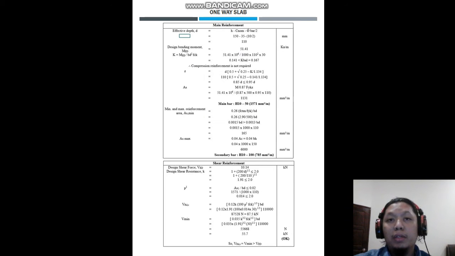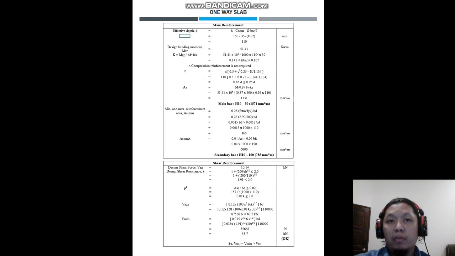And we're going to the main reinforcement. For the effective depth, we get from the formula H minus C nom minus diameter of bar over 2. When we insert the values in this formula, then we get the effective depth, which is D is 110 millimeter. So the design bending moment, which is MED, is 51.41, which we get from the bending moment value.